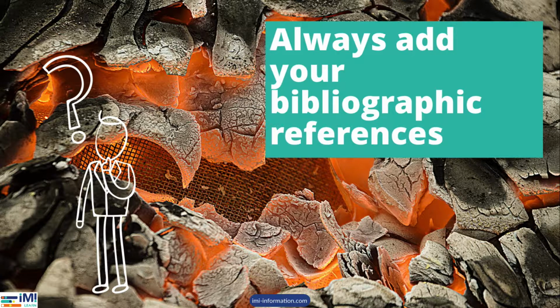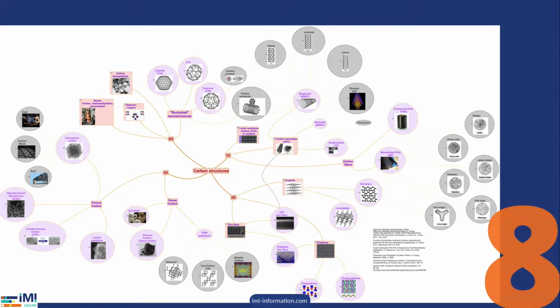Note now something very important. If you want to share your mind map and if you want to keep track of the information and sources, never forget to add your bibliographic references. I converted my previous drawing in a digital map using the VUE program from Delft University.